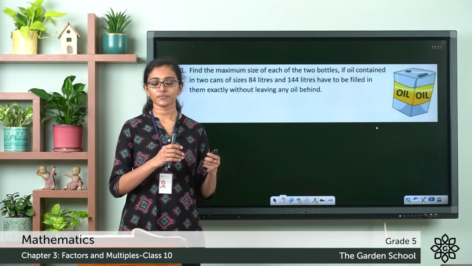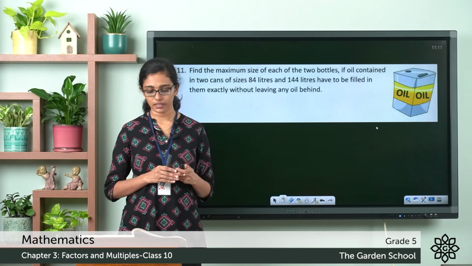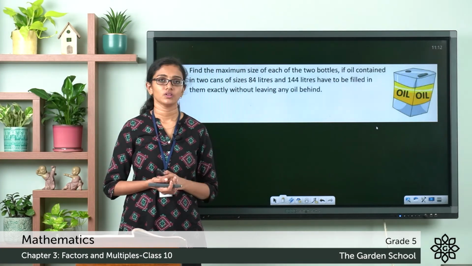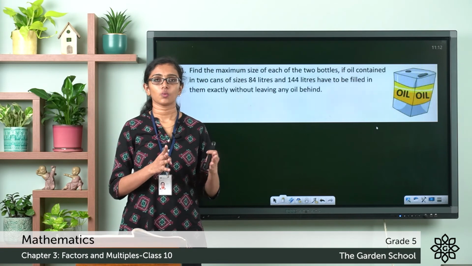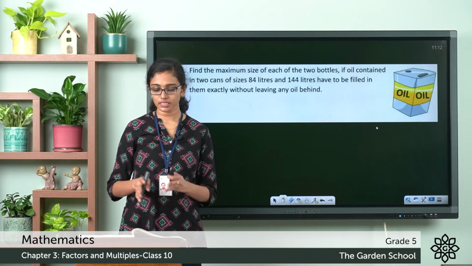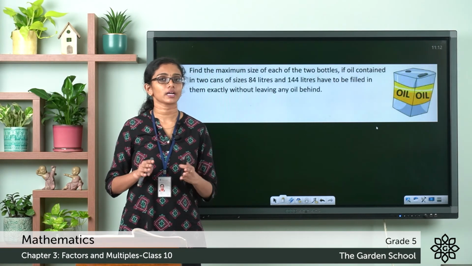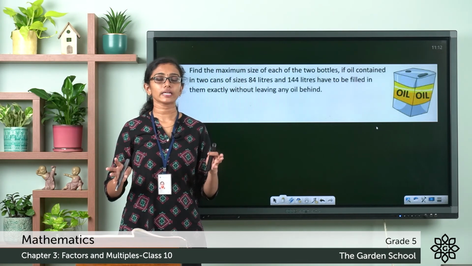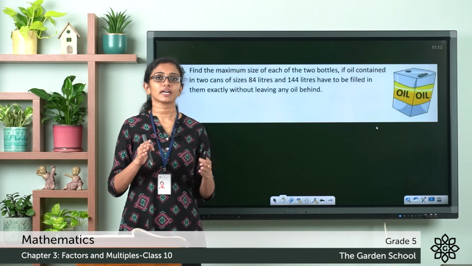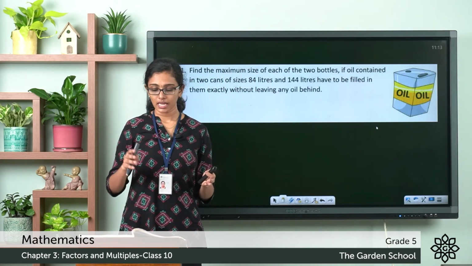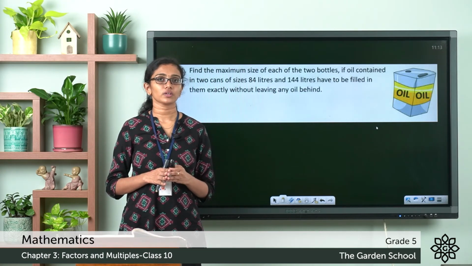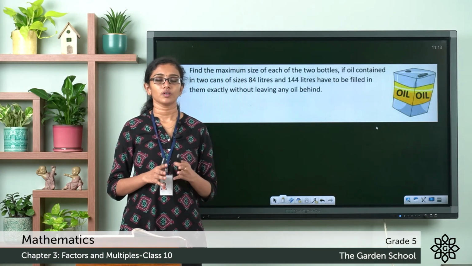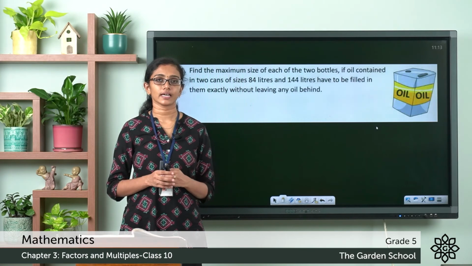One quantity is 84 liters and one quantity is 144 liters. So, there are 2 cans. One has the capacity 84 liters, one has the capacity 144 liters, and you have oil in both these cans. Imagine that you need to divide the 84 liters and 144 liters exactly. Both have to be divided exactly.